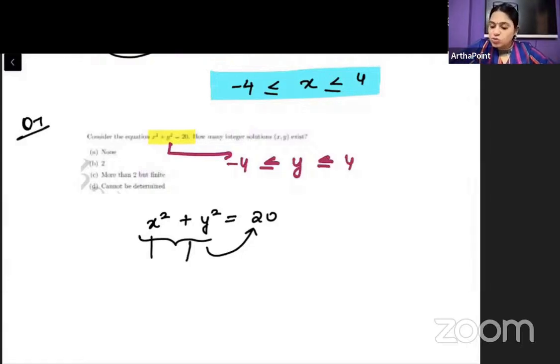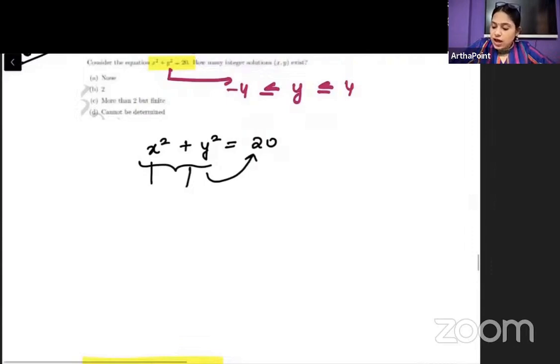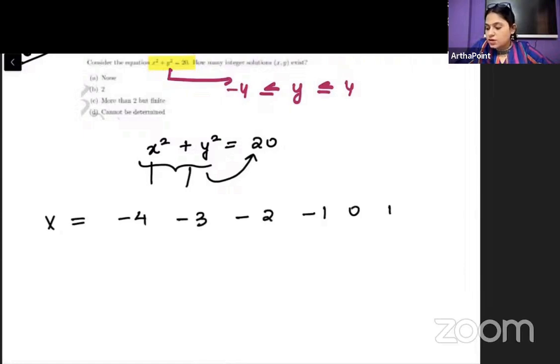Because the sum has to be 20 of x square and y square. So none of them can exceed this gap that we are talking about. What we can do now? So now I have at least got some numbers with me that x can be -4, -3, -2, -1, 0, 1, 2, 3, 4. And y also can be the same.